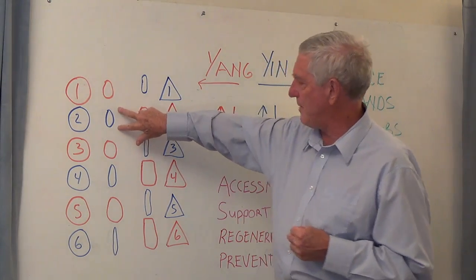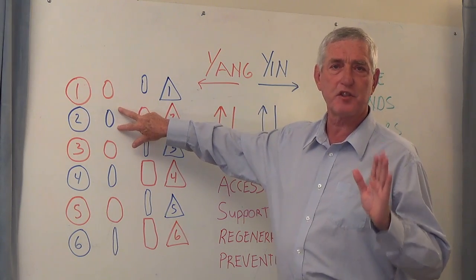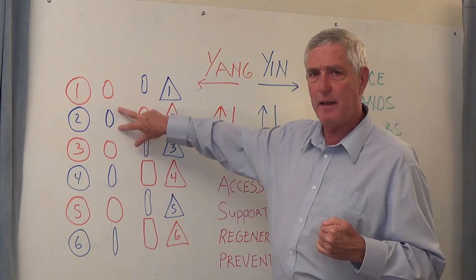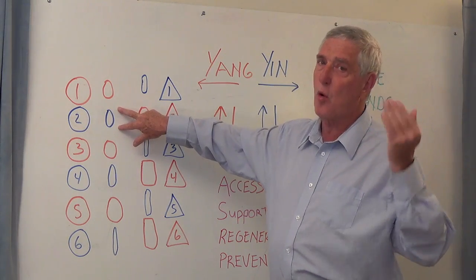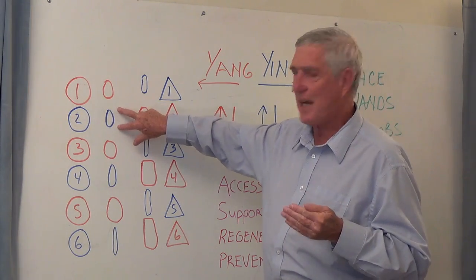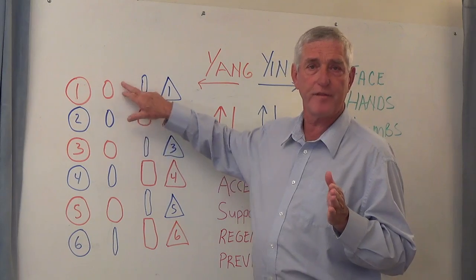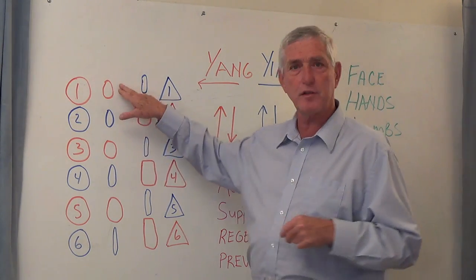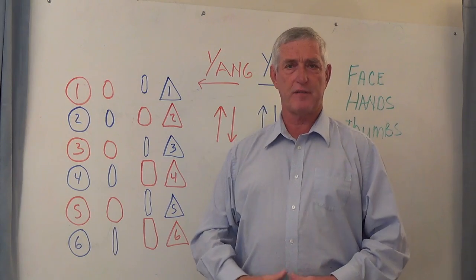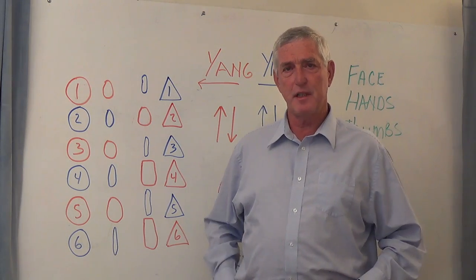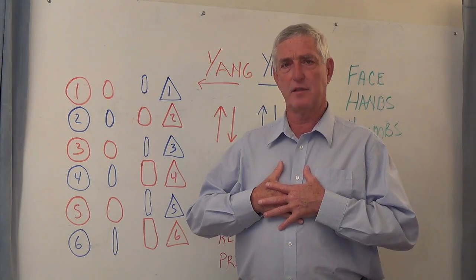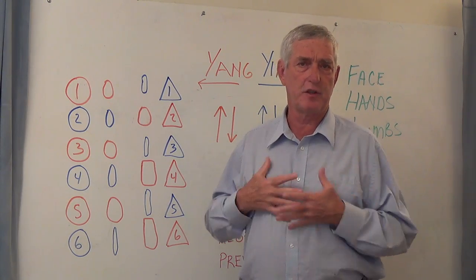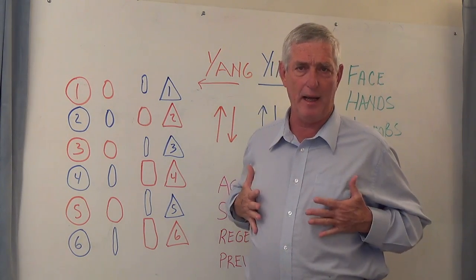Oftentimes they may be the shortest of the sisters, but not always, because the girl right behind her may actually be a little smaller in every aspect, thinner in the body, and sometimes a little shorter or not. But generally the second girl is more yin than the first girl. Then the third girl is like the first girl again, but instead of a concentration around the hips, she usually has a greater sense of strength across her solar plexus and chest, usually broader in the chest in some way.